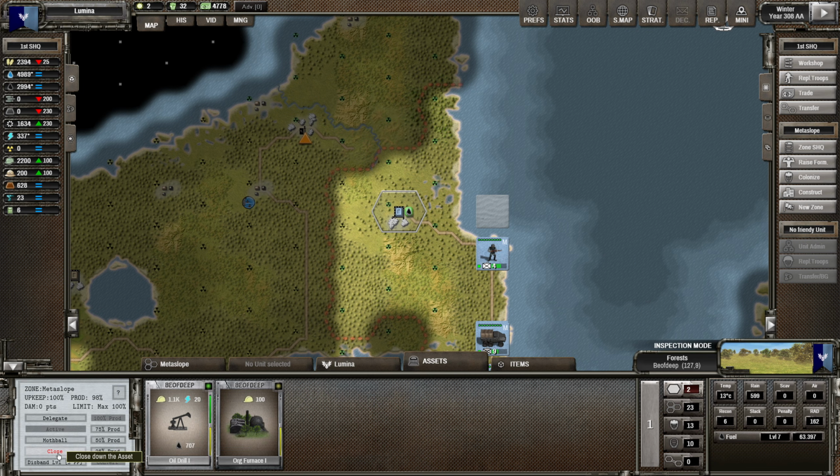You can close stuff if you want to completely close it down for good. You can delegate it out, as I said, and you can disband it. I'm trying to remember what the difference is between disband and close. Oh yeah, right. So I think close just gets rid of it. Disbanding it disbands it a single level.